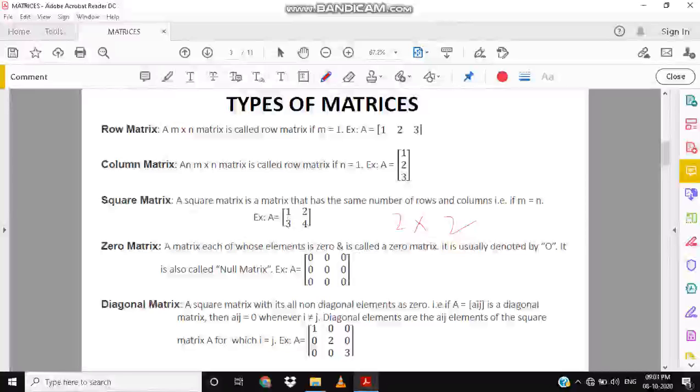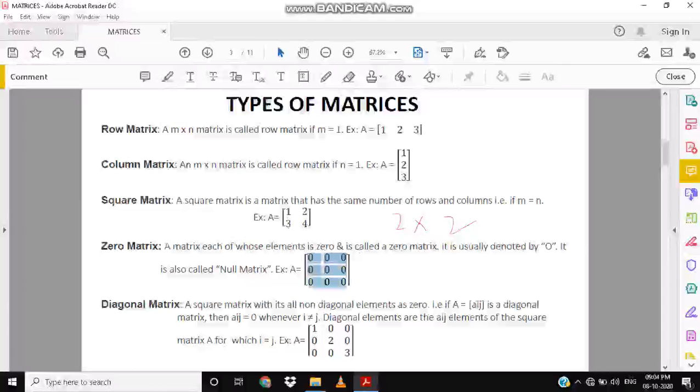So if the number of rows and the number of columns are the same, it is termed a square matrix, be it a 2 cross 2 matrix or a 3 cross 3 matrix. Coming to another one, the zero matrix. What is a zero matrix? If all the elements inside the matrix are 0, then that matrix is termed a zero matrix.